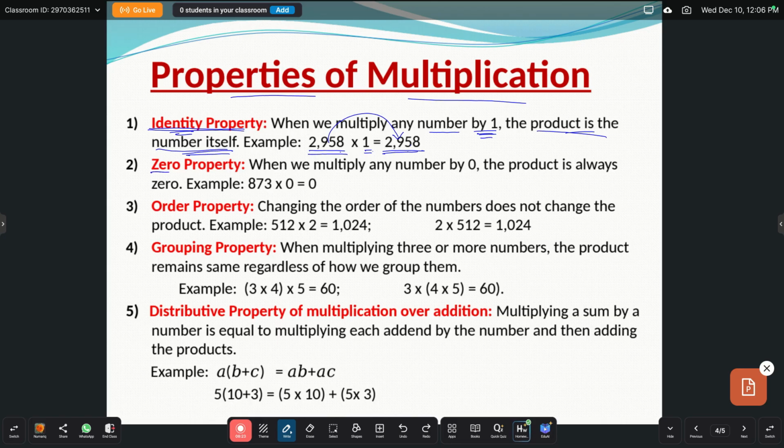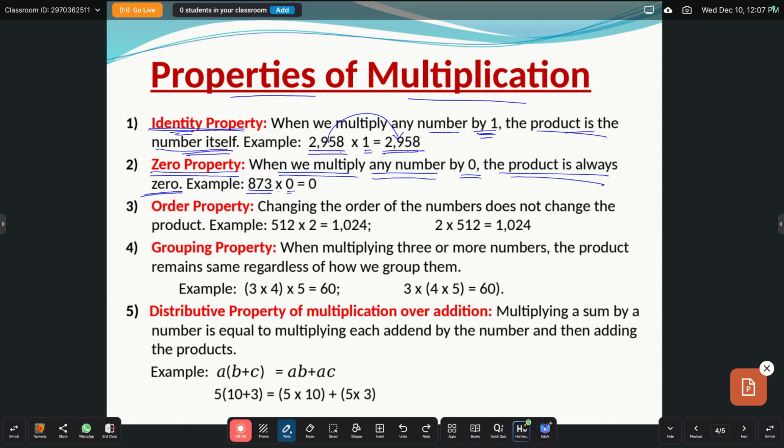Let's move to our property number 2, and that is zero property. This property says that when we multiply any number by 0, the product is always 0. Here the number is 873, multiplied by 0.